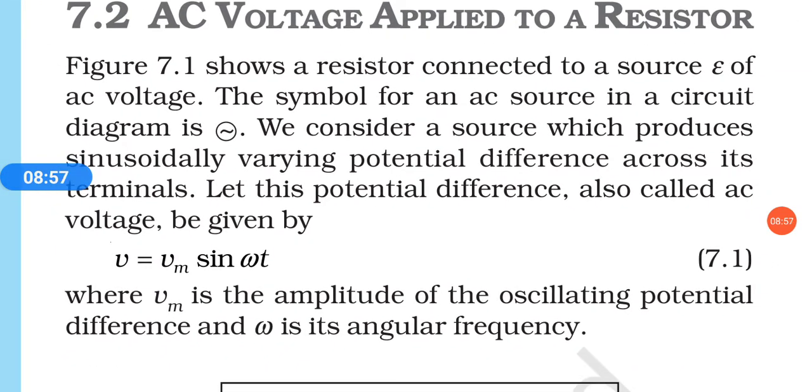The symbol of an AC circuit diagram is shown in this figure. We consider a source which produces a sinusoidally varying potential difference across its terminals. Sinusoidal means it is in the form of a sine wave or cosine wave. The potential difference is also called the voltage.